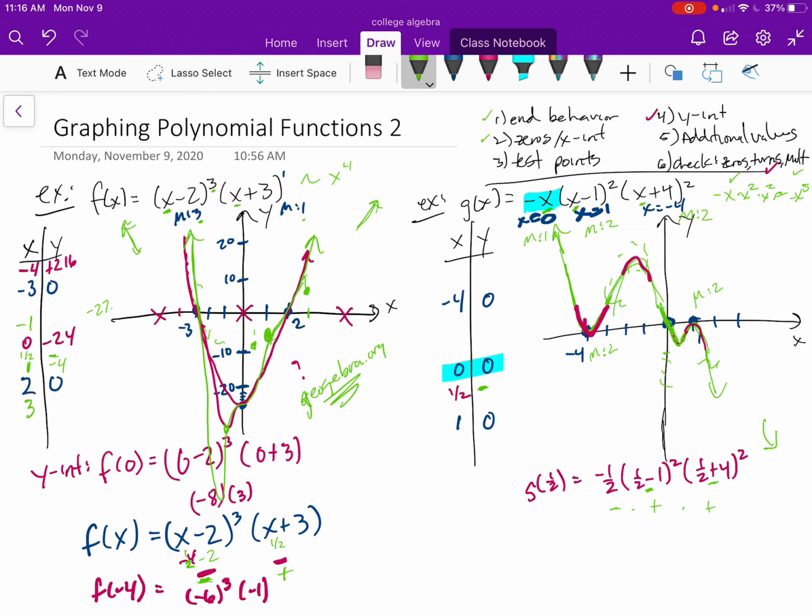So that looks good. Now, if I want an exact value, I have to take all that and multiply it out. 1/2 squared would be 1/4 times the negative 1/2. I'm going to change this really quick to an improper fraction. 4.5 would be 9/2, squared is 81/4. So now I have 82/4 minus 2/4, right? Here's 82/4 minus 1/2, which is 2/4. So we get 80/4.